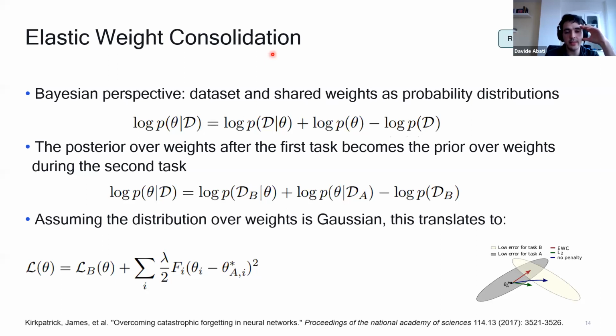This paper started a Bayesian trend in continual learning, and I'm not very proficient in Bayesian machine learning, but Bayesian people look at weights not as a point in the parameter space, but as a probability distribution. So training becomes performing inference over the weights given the data set.